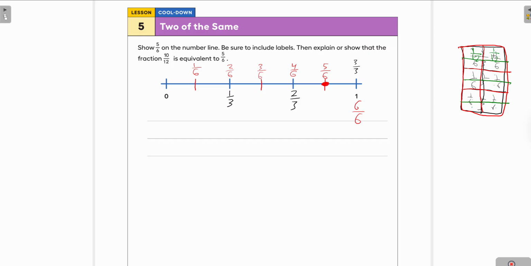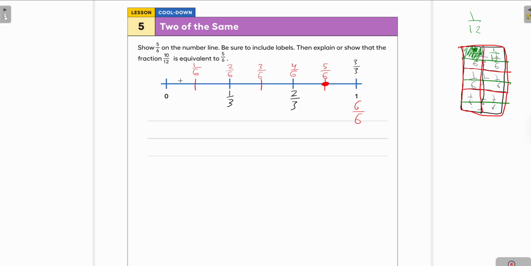Well, it's probably hard to see. Well, I guess you guys get the point. 1/12 per each little box here. Okay, so let's go ahead and cut up these 6s into 12s by cutting each 6 in half.